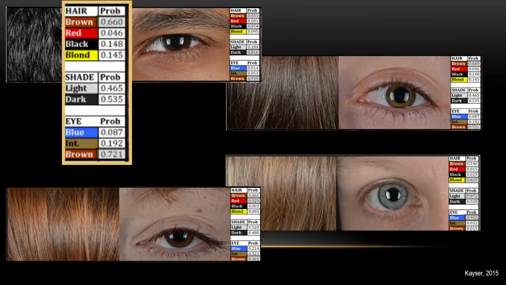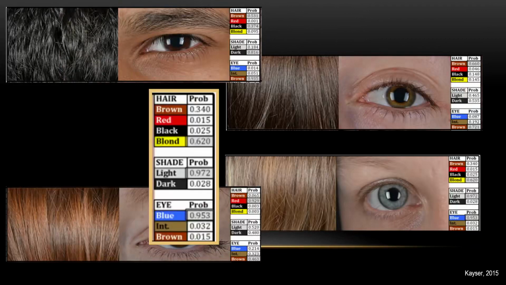It was 50-50. And for brown hair, brown eyes, it was 72% likelihood of accuracy. And this blonde person here had about 62% accuracy of the blonde hair, 97% of accuracy for the light shade of the skin, and also 95% accuracy of the blue eyes.